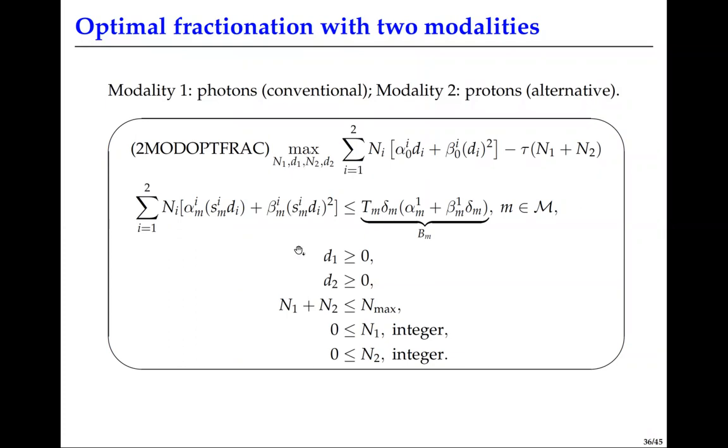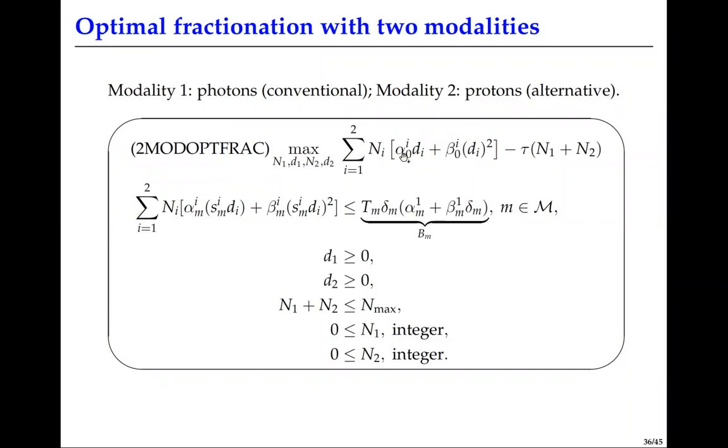I'm not going to say too much more about this other than the fact that N1 and N2 are the number of treatment sessions with the two modalities. I'm going to assume that the dose per session is constant at D1, which is a decision variable here for the first modality, and the dose per session is D2, which is a decision variable for the second modality.